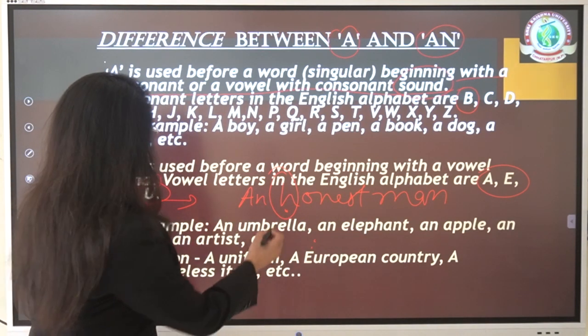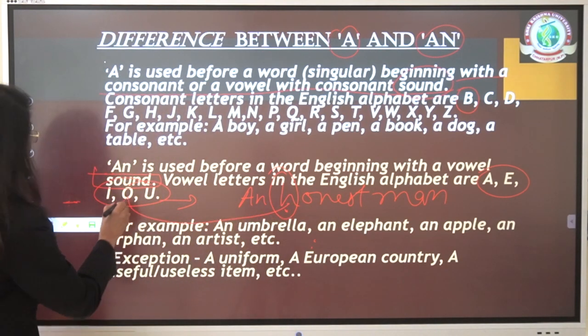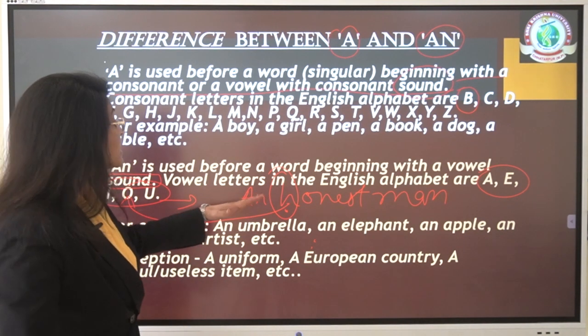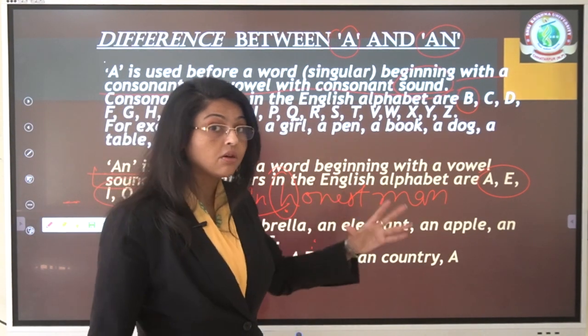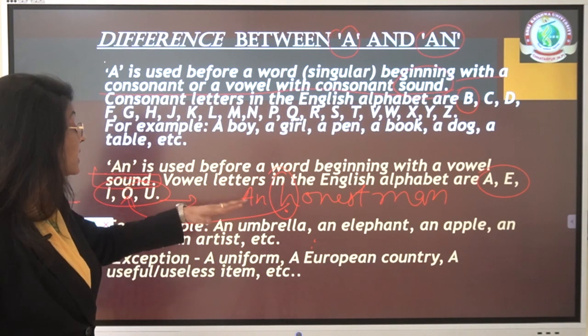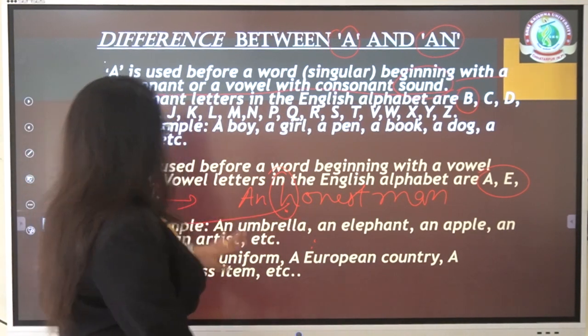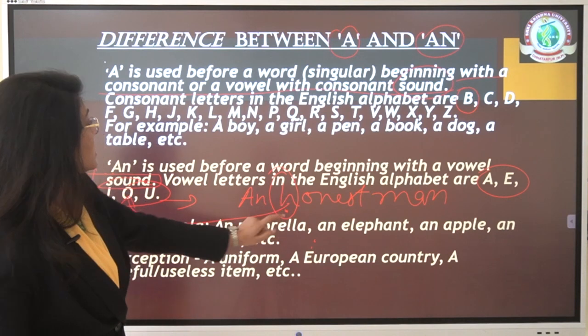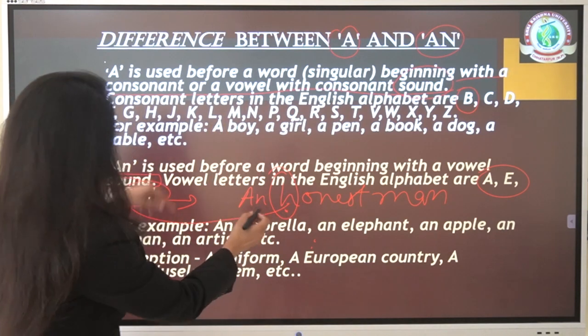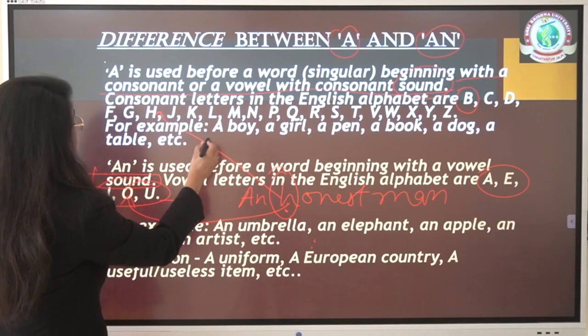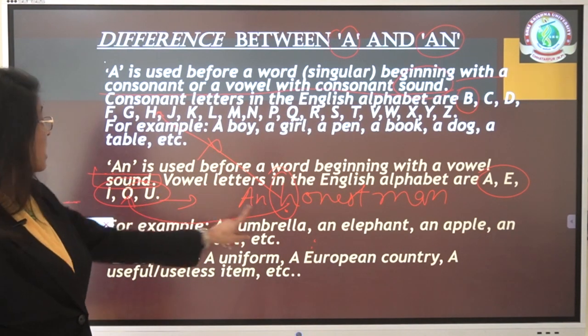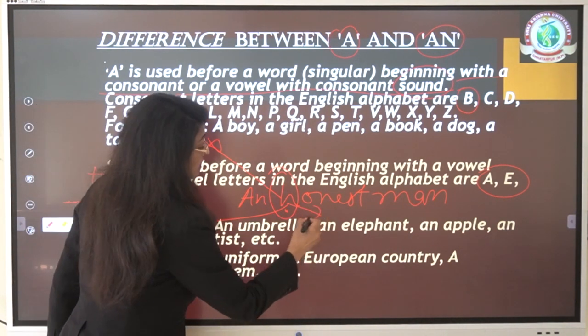It's honest, which, if you see, has the sound of O. So this is the difference. We are concentrating on the sound, we are not concentrating on the beginning letter. So if you say a honest man, this is incorrect. Why? Because the sound H is silent here, okay?